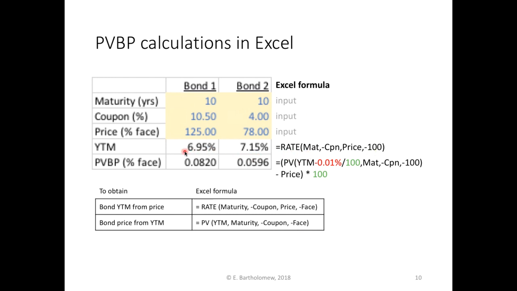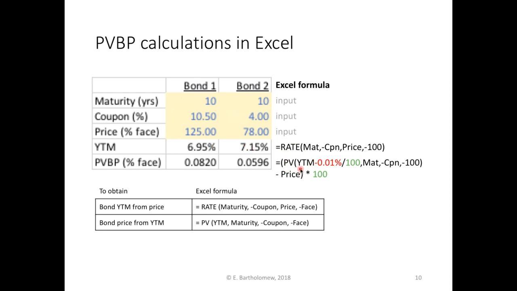Now I would note here that in Excel, different from your calculator, it will be in actual percent. So this is displayed as 6.95%, but it's actually being retained as 0.0695 and 0.0715, of course, followed by the extra digits.